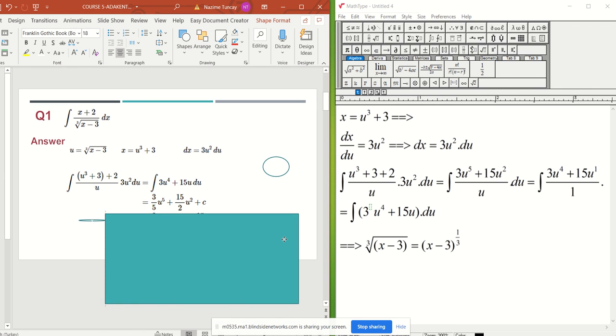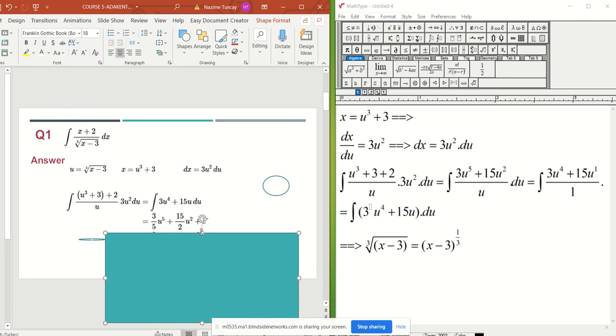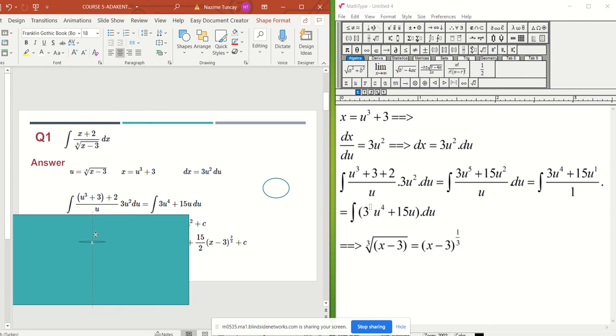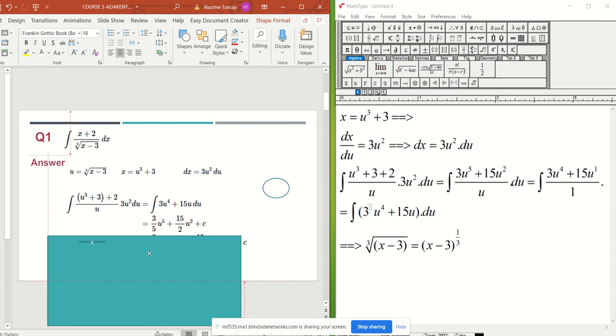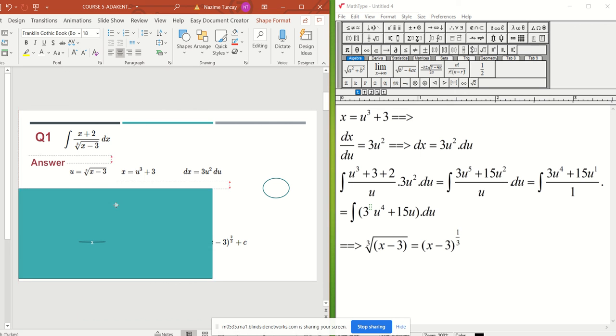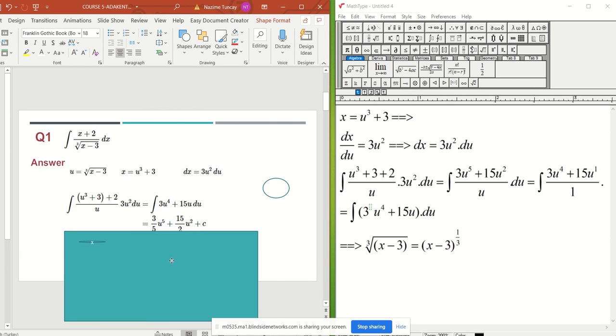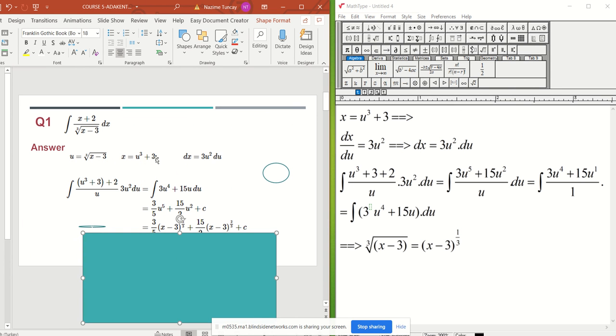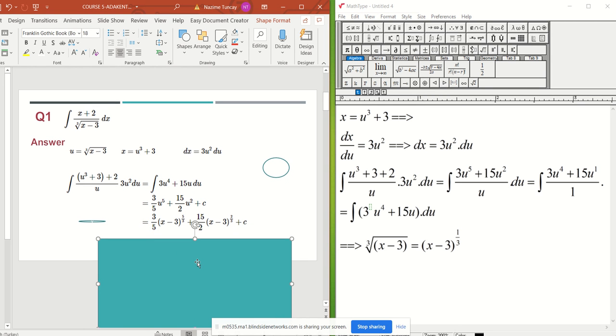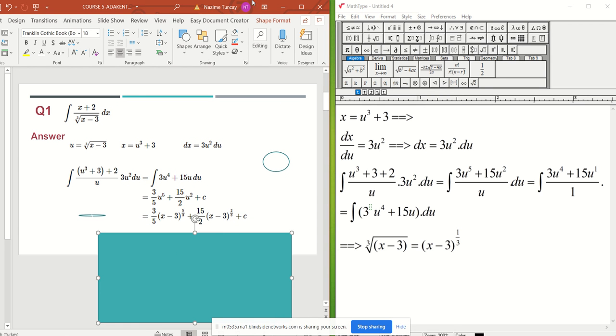This is the result of the integral of this equation, all in the variable u, and then we change variables again and substitute the root 3 of x minus 3 instead of u, as you can see. Any questions until now?